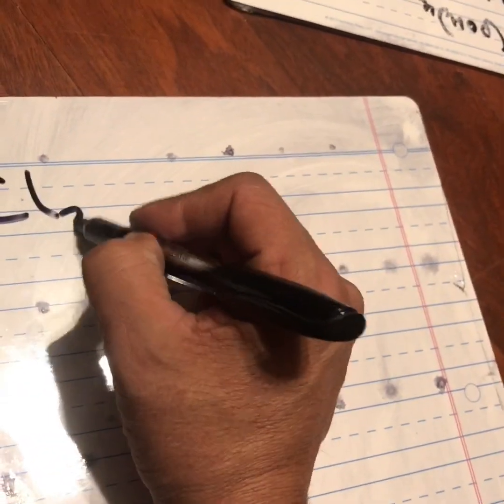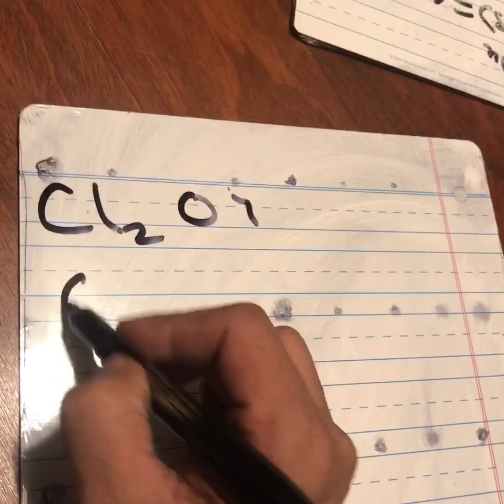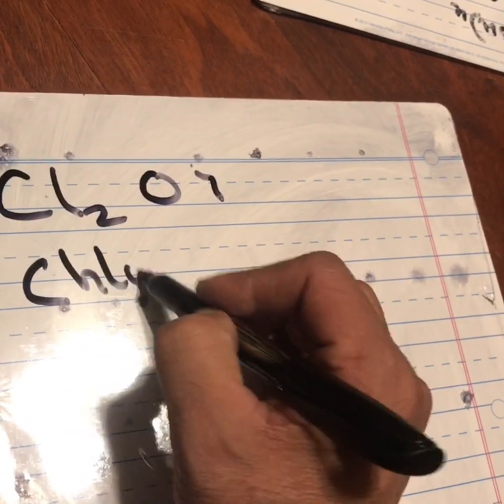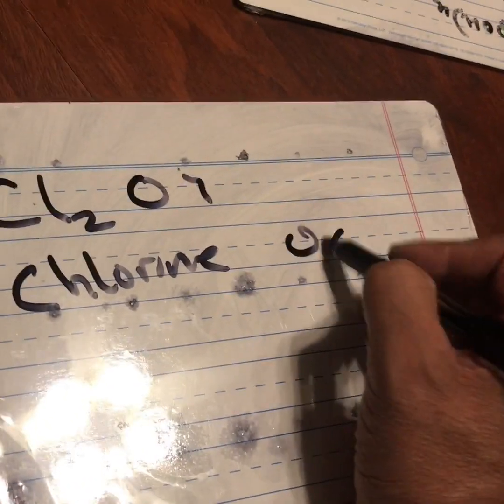As one more example, what I use here is Cl2O7. First we have chlorine, and then we have oxide.